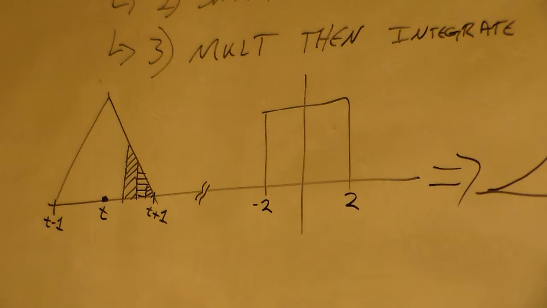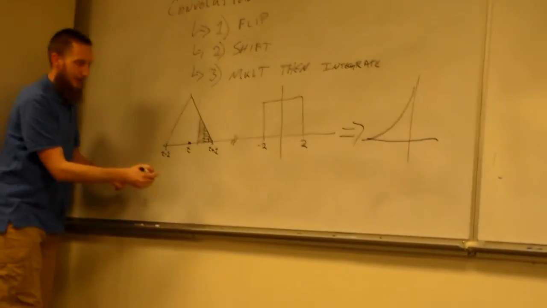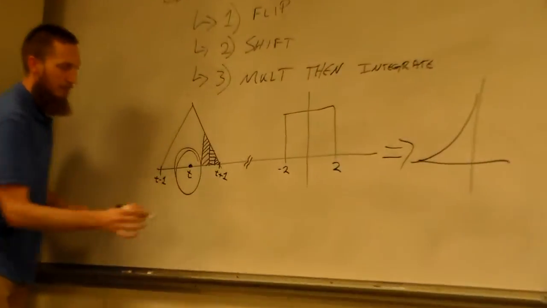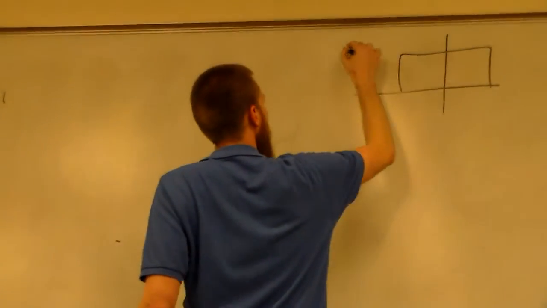All right, so when does it start to touch? At what value of t does it start to touch? Minus 2. Minus 1. Minus 3. Always label these things, right? Always go by t. So let's draw this out. So here's this guy, and they're going to start to touch.